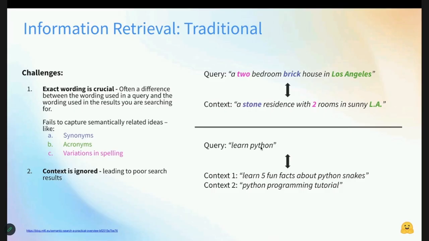They want to learn about Python scripting or development. But context one is actually going to be returned as more relevant because it contains the word learn and it contains the word Python, whereas context number two only contains the word Python. And so we would actually get a poor result in this scenario as well because of the dependency on token overlap. So those are two high level issues that point out some of the flaws with traditional search.